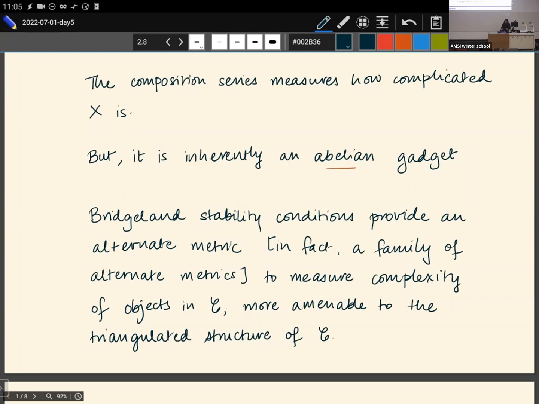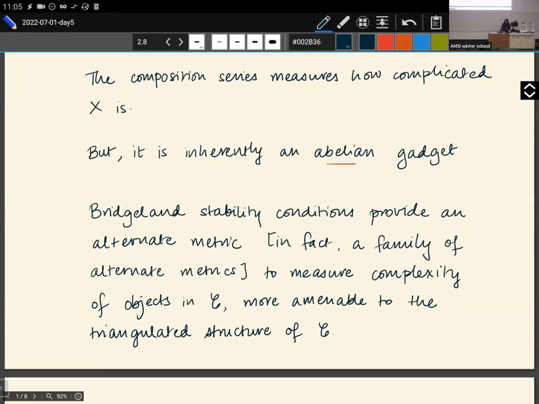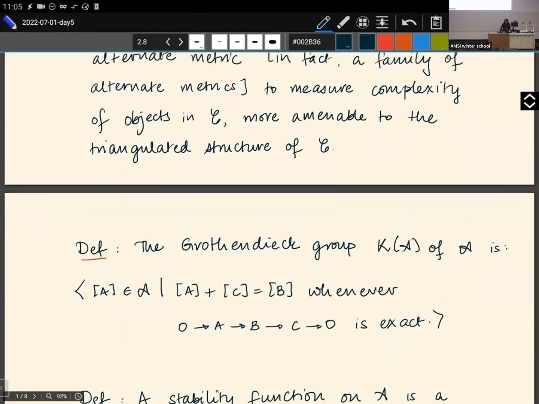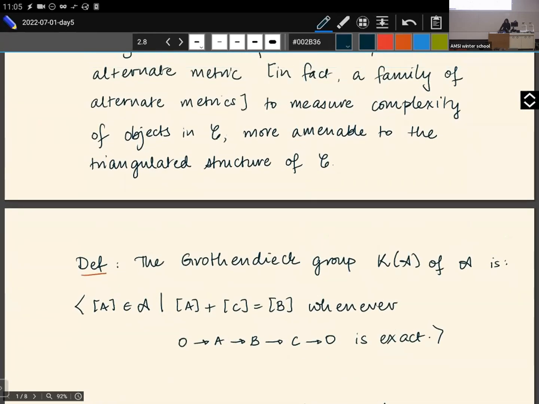Let me give you some definitions, just so that we have something concrete to work with. The first thing to recall is what's called the Grothendieck group of an abelian category. It's a free abelian group on objects in that category, but then you impose the relation that the sum of two objects is a third object if they fit into a short exact sequence.